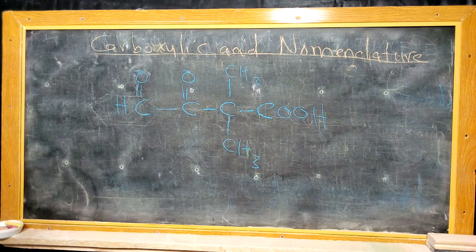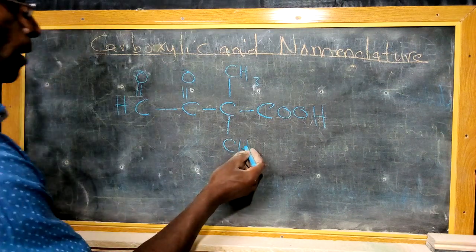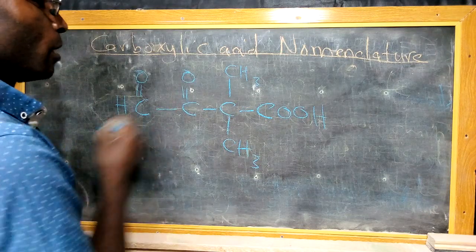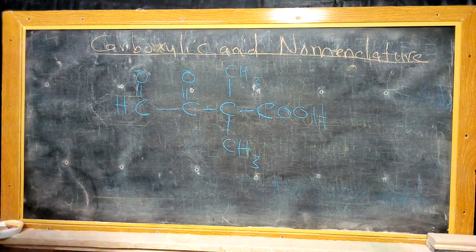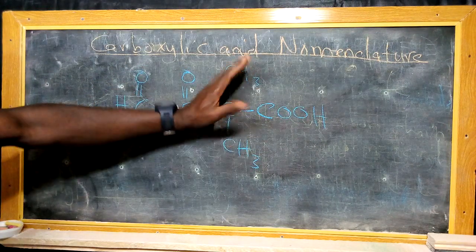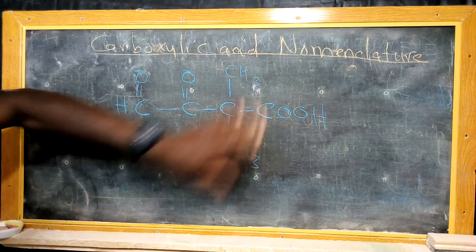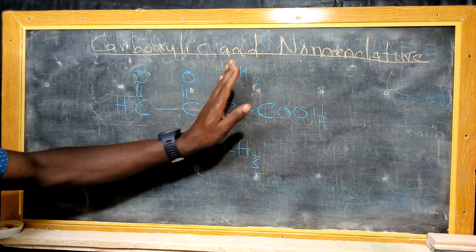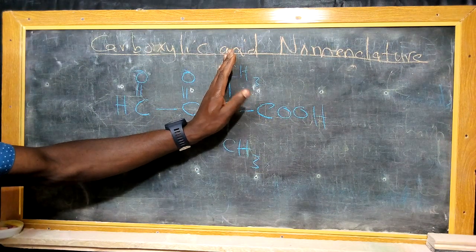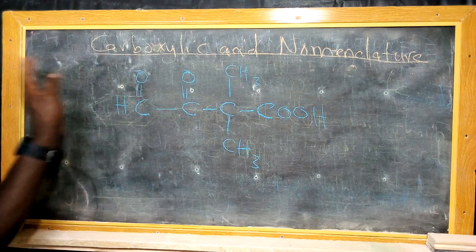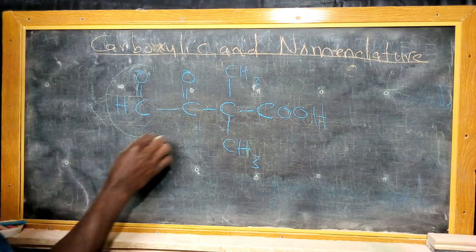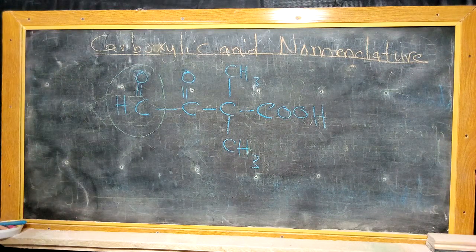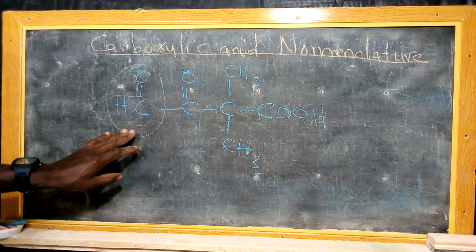There's a point that I had mentioned, that we have priorities when we are naming organic compounds, and there are different functional groups appearing in this one. In this case, you can see that this one represents, as we discussed when we were talking about the functional groups, a carboxylic acid. And then you can see that this part represents a ketone, and the last part towards my right, let me just demonstrate for this. If you look at this part, for the functional groups that we talked about, this one represents an aldehyde.